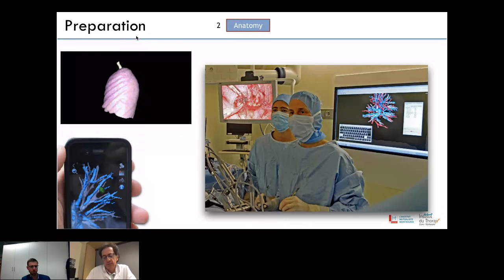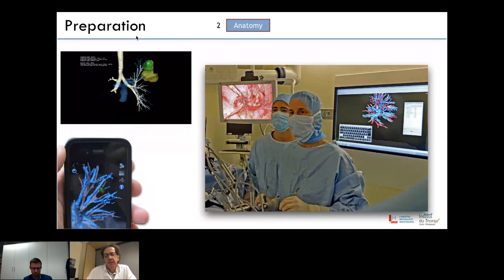We send the CT to a company that gives us in return the modelization, and all the members of the team have the model on their laptop, on their smartphone. And as you see on the right-hand picture, we have a huge display in the operating room, so we can refer to the modelization during the procedure.